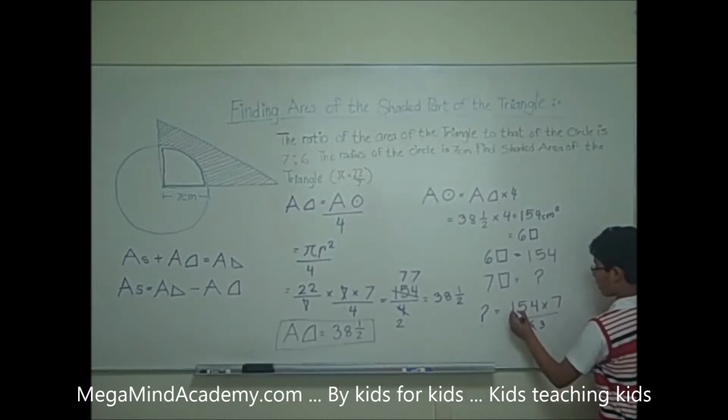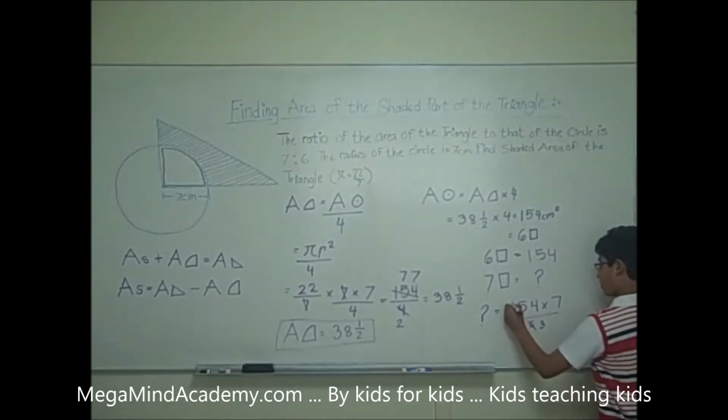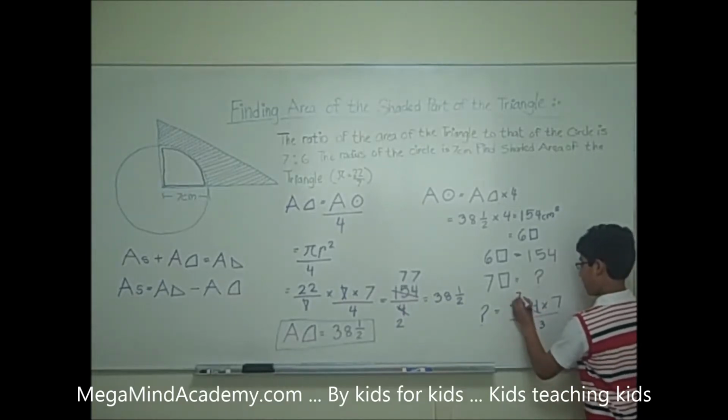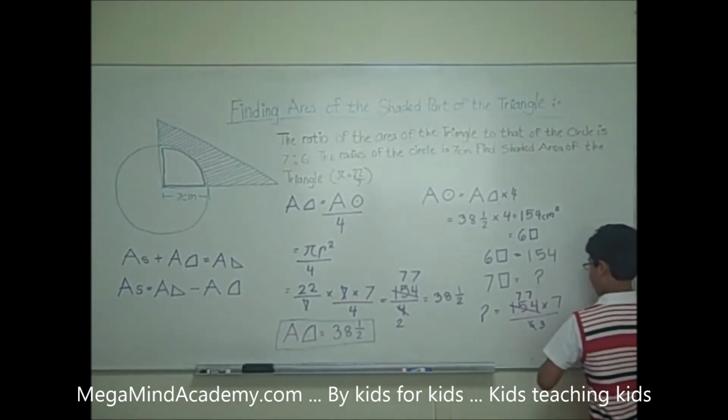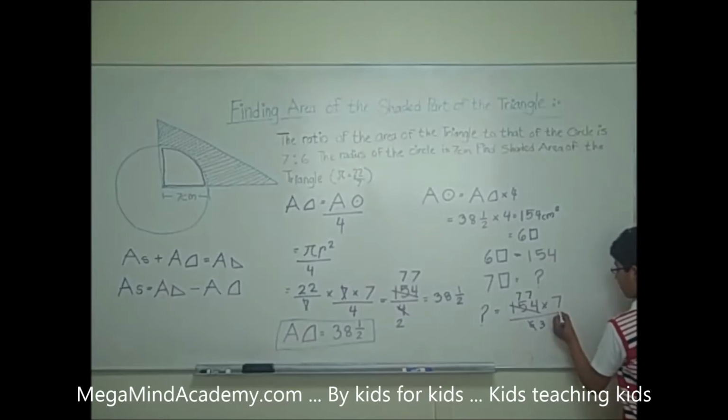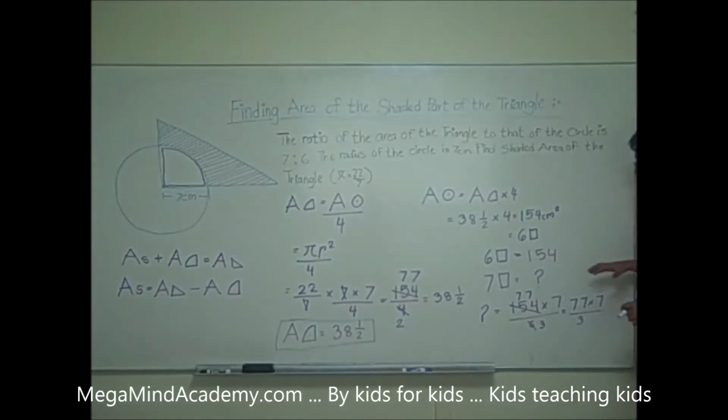So 154 divided by 2 is equal to 77. Now we have 77 times 7 over 3, which is equal to the area of the triangle.